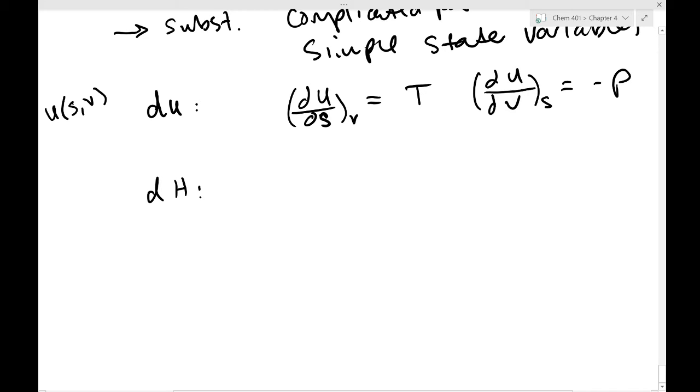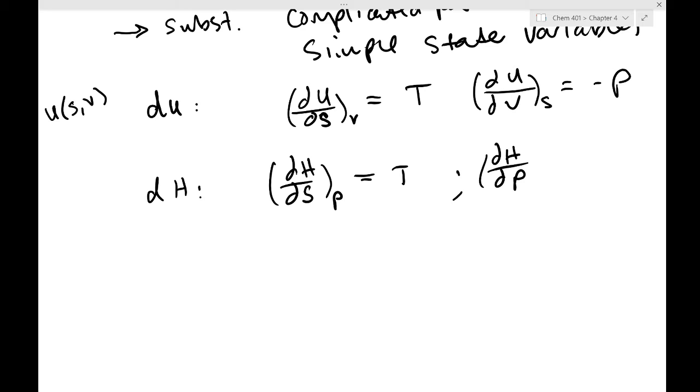I can do a similar derivation as above, and I can derive the partial of enthalpy with respect to entropy at constant pressure is equal to temperature, and the partial of enthalpy with respect to pressure at constant entropy is equal to the volume, with natural variables in this case of S and P.